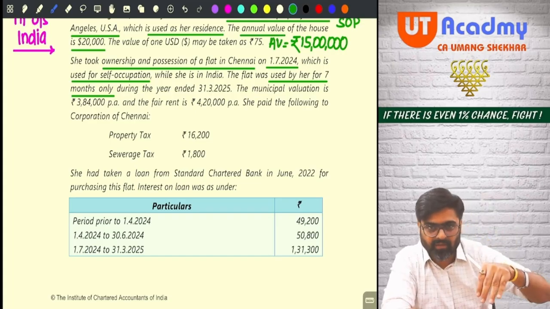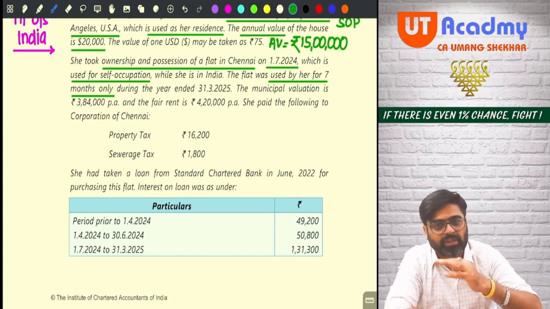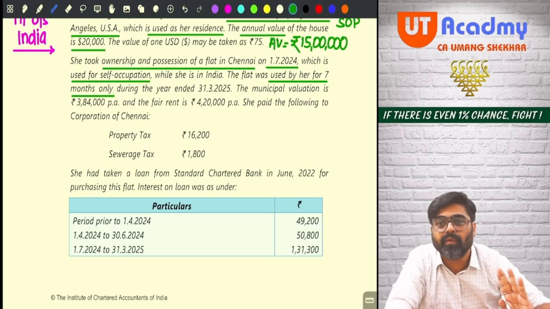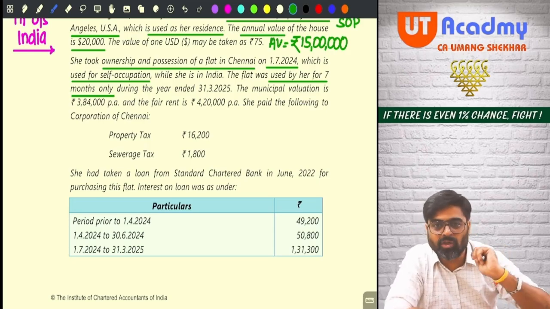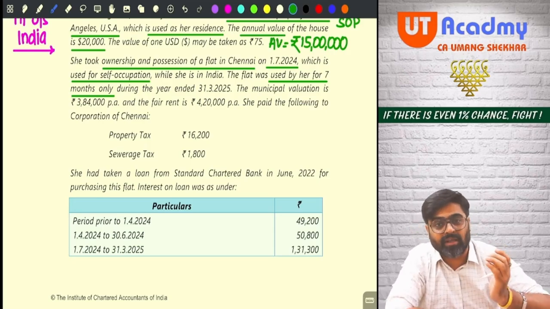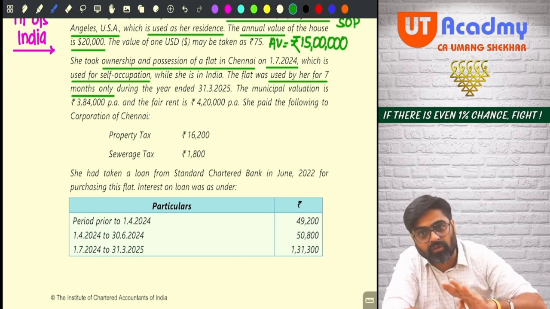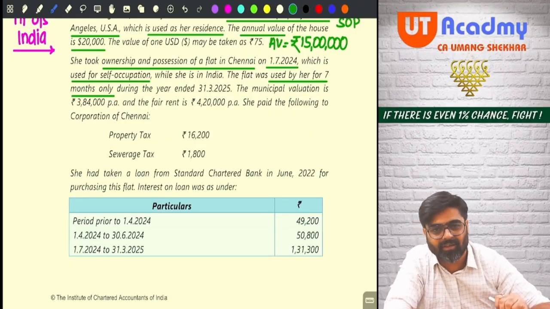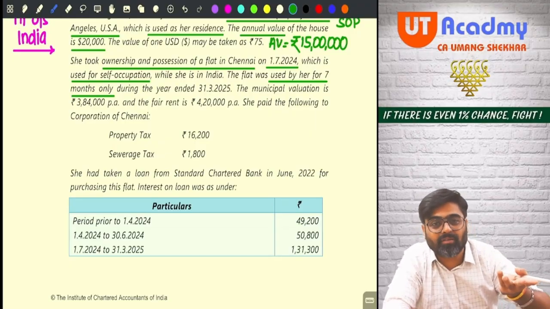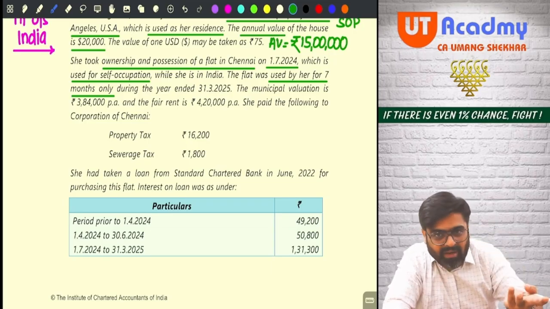But for this year, can I say April to June, she is not the owner of the property? July to March, she is the owner of the property, but July to March, she is not occupying for full 9 months. She is occupying only for 7 months and using as residence. But for the balance 2 months, it would have been kept as vacant. No economic benefit derived.